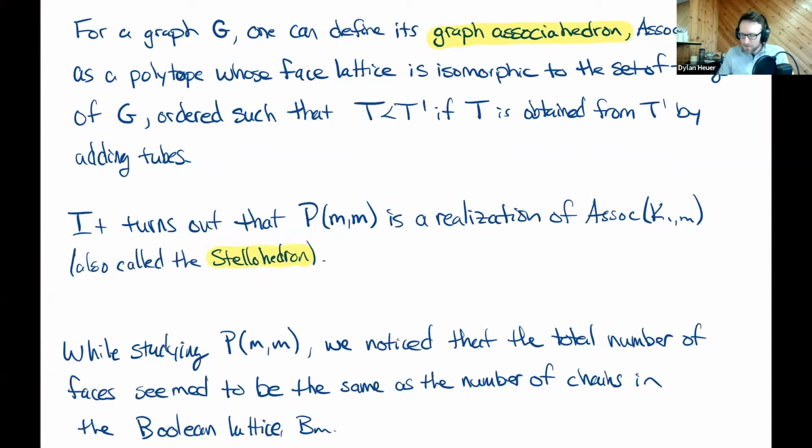And so what this ends up giving us is a different way to view at least some of the polytopes we're looking at. In particular, while we were enumerating faces, just using Sage to try to find some nice formulas, when we were looking at the case when M and N were equal in the partial permutahedron case, we noticed that the total number of faces, when we plug that into the OEIS, was the number of chains in the Boolean lattice.